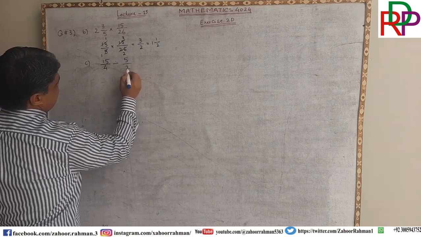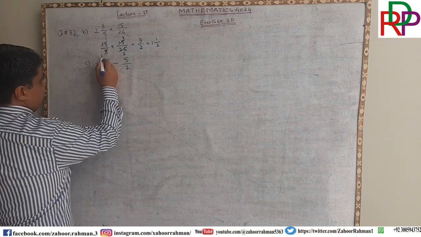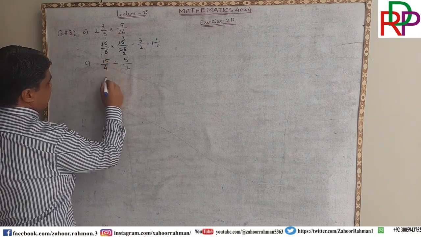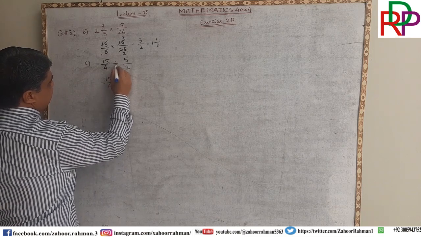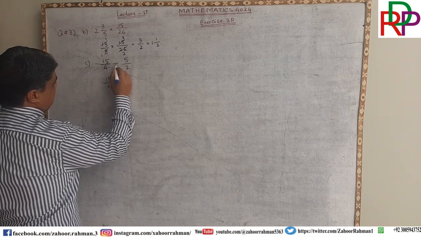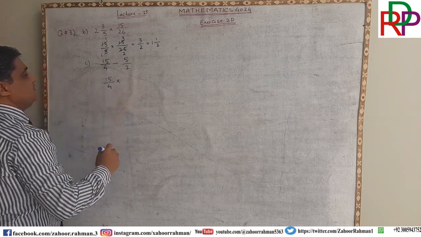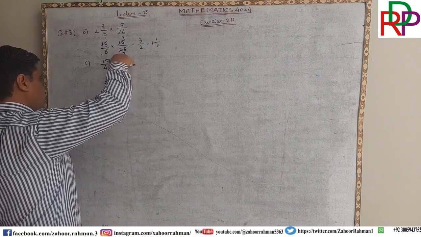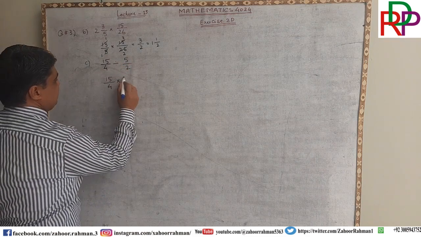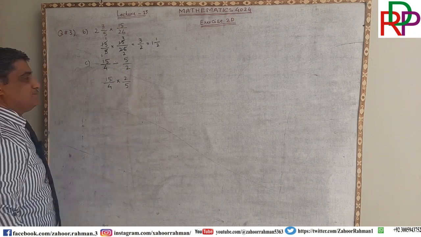Remember, ladies and gentlemen, that you have to write the first fraction as it is, and then you have to replace this division symbol by multiplication, and then you have to take the reciprocal of the next fraction.